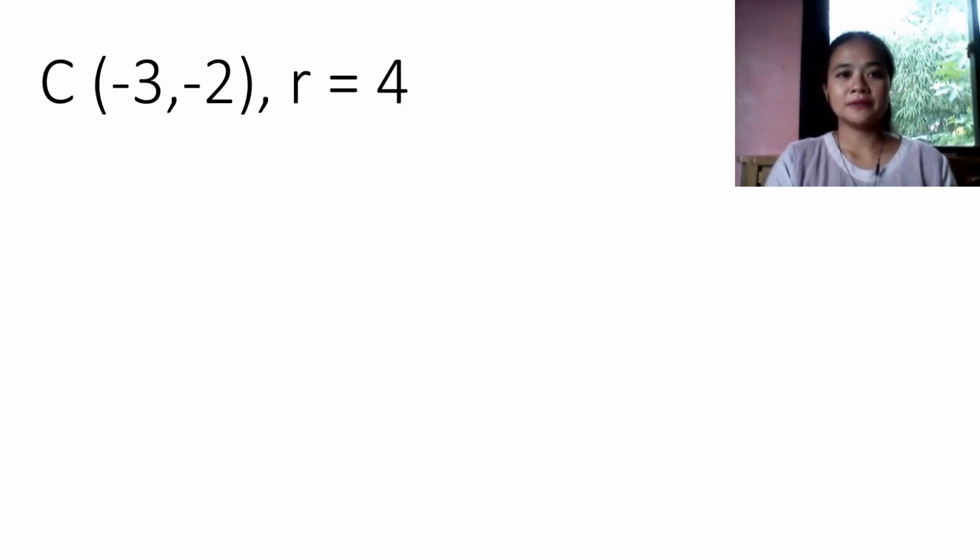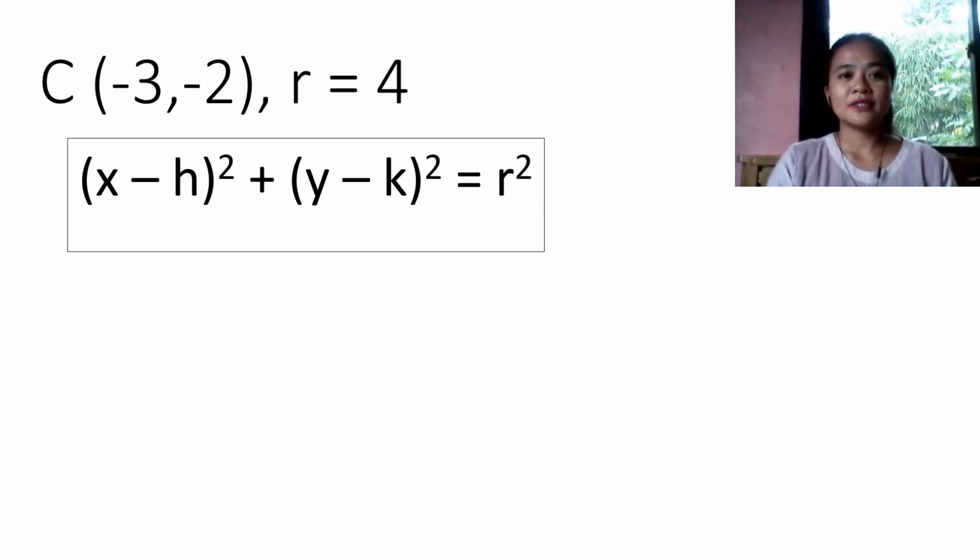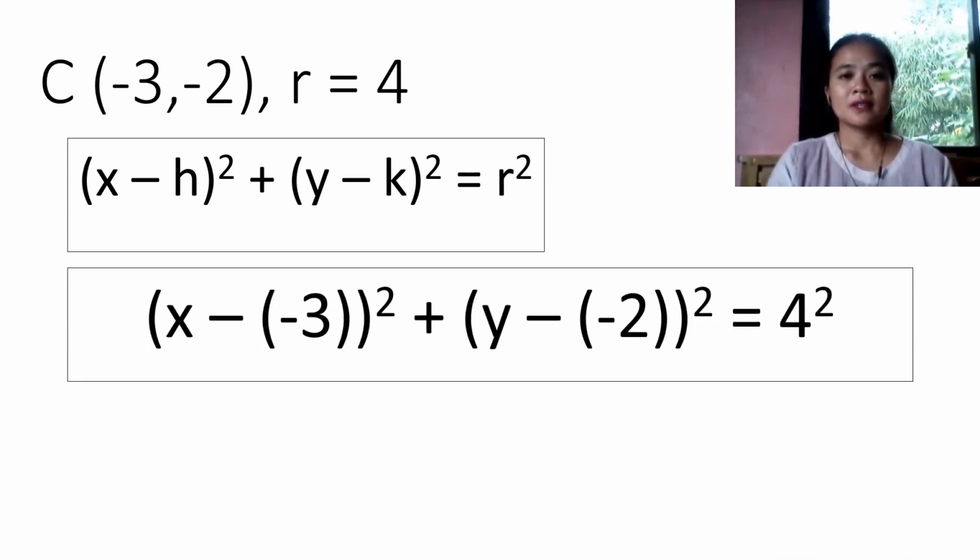Another example, if the center is (negative 3, negative 2) and the radius is equal to 4. We're going to use again the vertex form, x minus h squared plus y minus k squared is equal to r squared. The value of h is negative 3 and the value of k is negative 2.